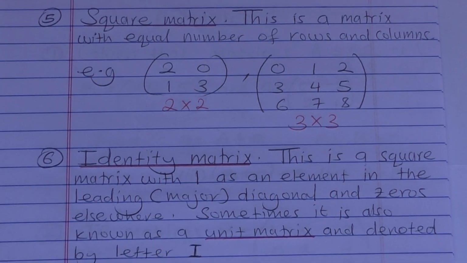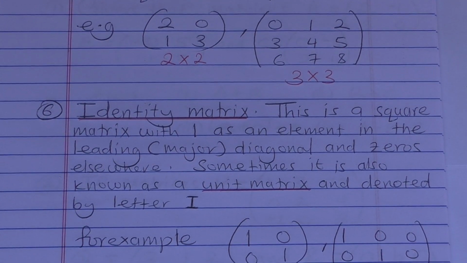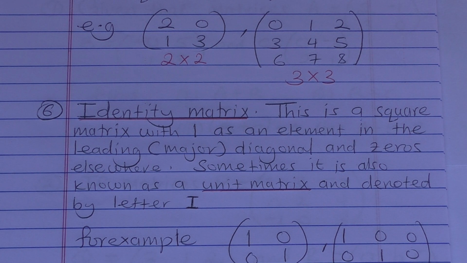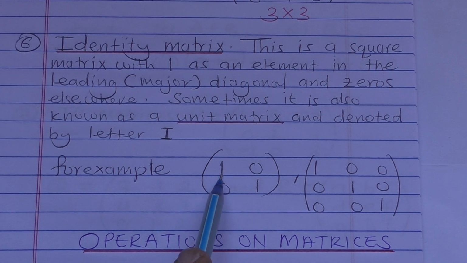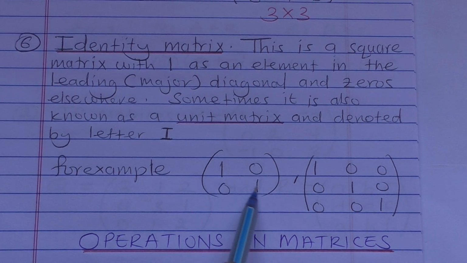We also have the last type, that is an identity matrix. An identity matrix is a square matrix with 1 as an element in the leading or major diagonal and zeros elsewhere. It is sometimes known as a unity matrix, and it is denoted by capital I. For instance, this is what we call a 2 by 2 identity matrix.